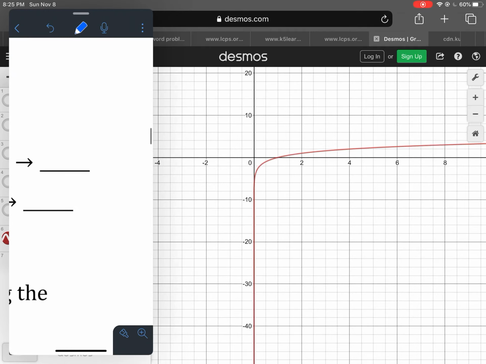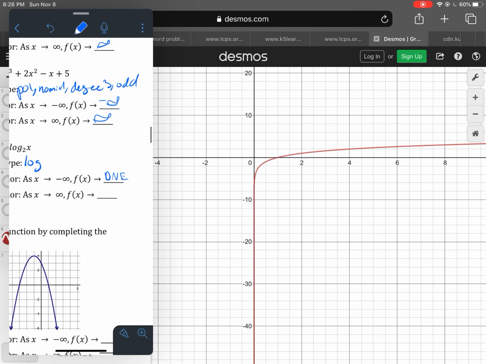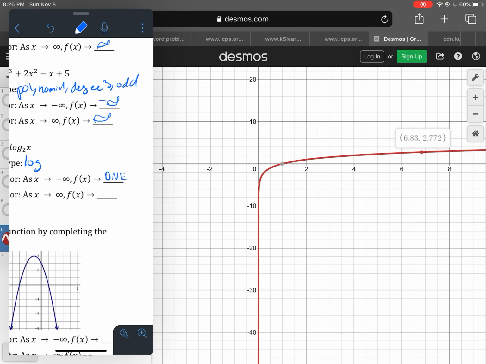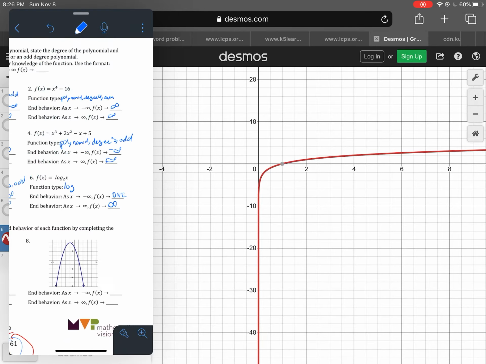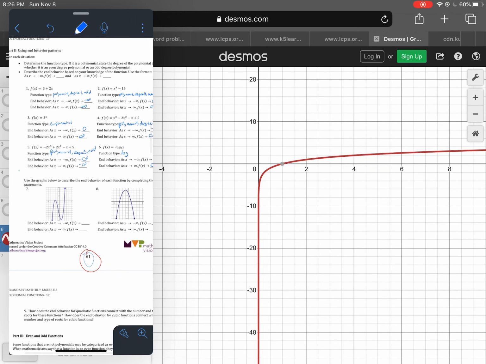So you could say that the function does not exist, right? It's not even in the domain of the function. And as x approaches positive infinity, the function is going to continue to grow. As x approaches positive infinity, the function is going to also approach positive infinity because it's going to just keep getting larger and growing. All right.